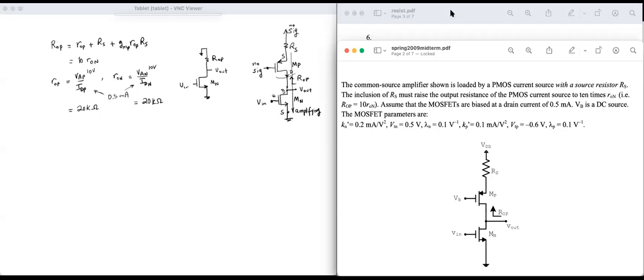We still need GMP. GMP is IDP over half VOV, so 2 ID over VOV of P, and ID is 0.5 milli. That's easy. I need VOV for the P MOSFET. What is VOV for MP? I can easily find it.